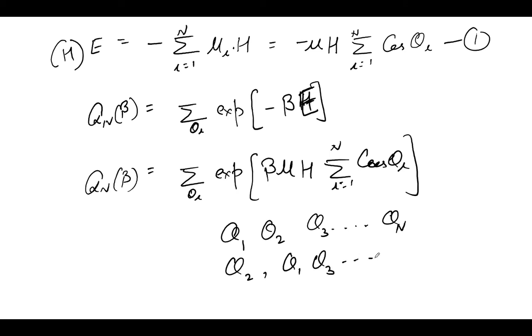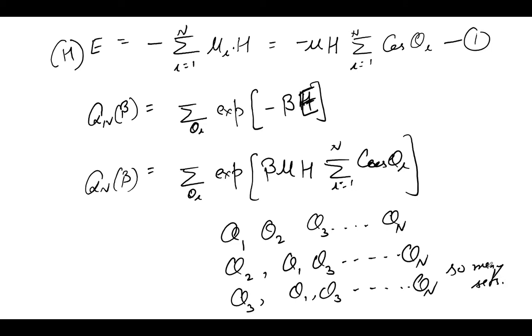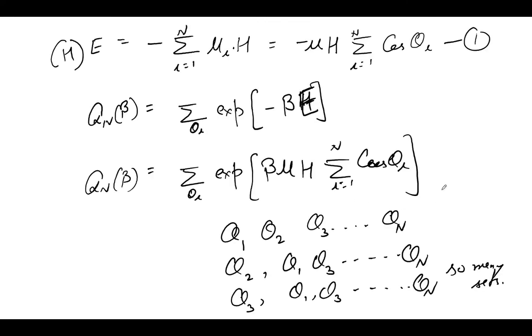This orientation can change, so there will be a number of sets which we can make. So this is a summation over all the sets of orientations of this system, and we can write this as equation number 2.